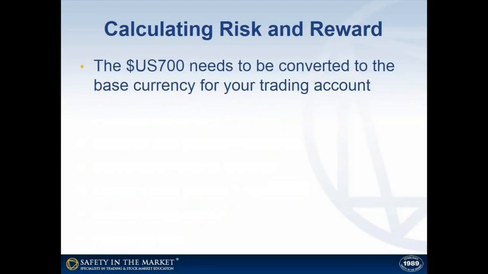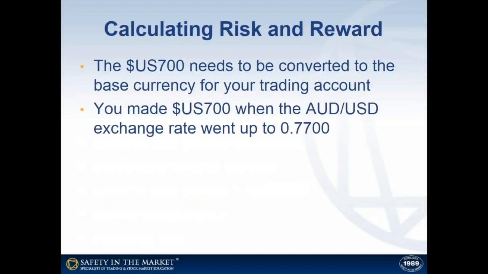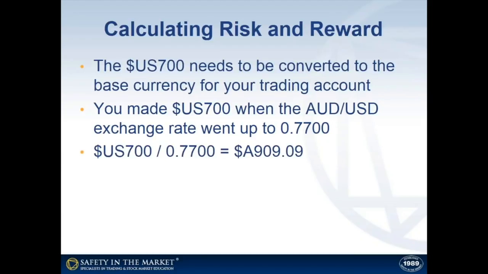That US $700 needs to be converted into the base currency for your trading account. So you made 700 US dollars when the Aussie dollar exchange rate was up to 0.7700. If we convert the $700 into Australian dollars at an exchange rate of 0.7700, $700 divided by 0.77 equals 909 Australian dollars and 9 cents.